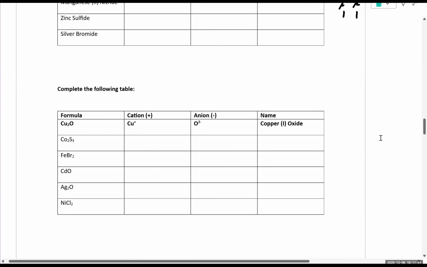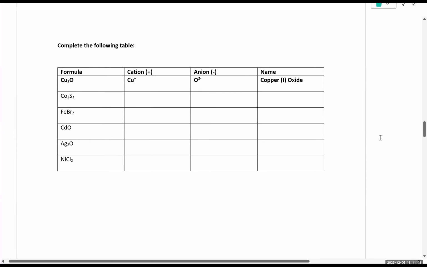Let's look at another example. So here we're asked to complete the following table. This time we're given the formula and we're asked to write the name for this transition metal containing ionic compound. So looking at Cu2O, in order to name a transition metal containing ionic compound, you're going to first have to figure out the charge of the transition metal.